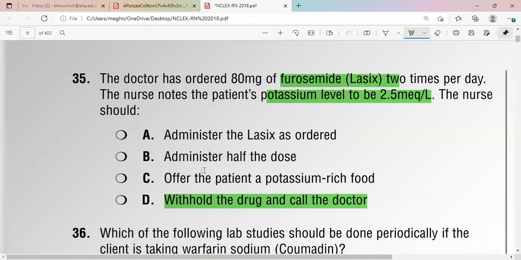The nurse cannot alter the doctor's order, right? So answer B is not correct. Answer C will not help with a situation like this.